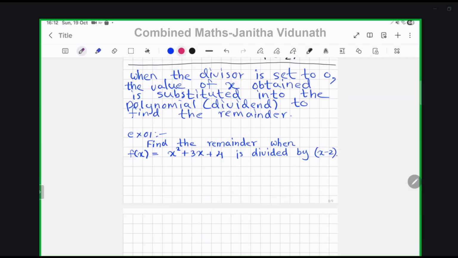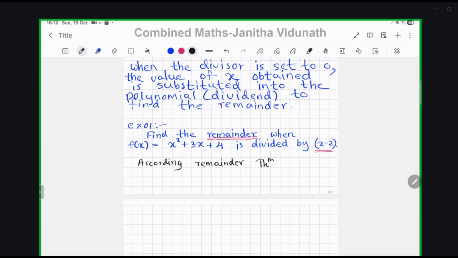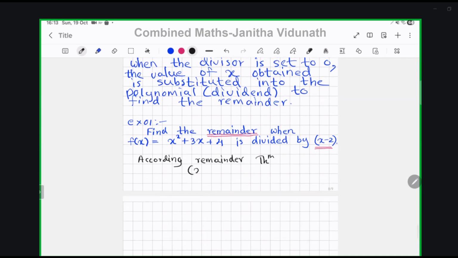Okay. Here they ask from us only about the remainder. And here our divisor is x minus 2. That means the divisor is a linear polynomial and they want only the remainder. Then that means we can use the remainder theorem. According to the remainder theorem, we need to set our divisor to 0.